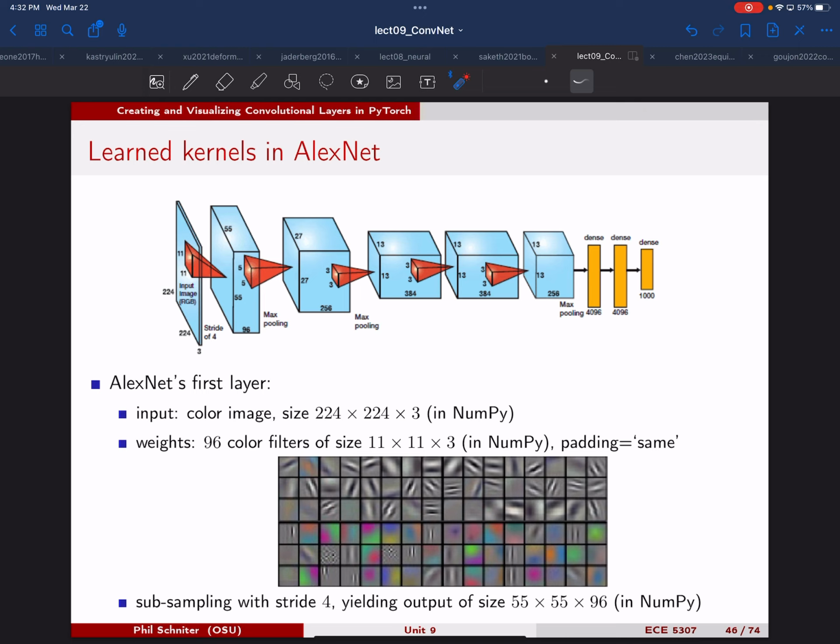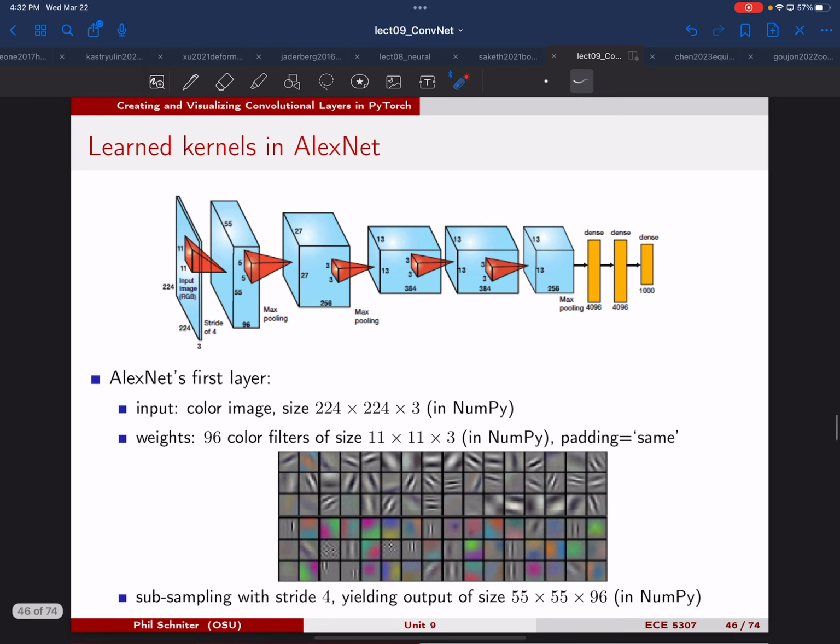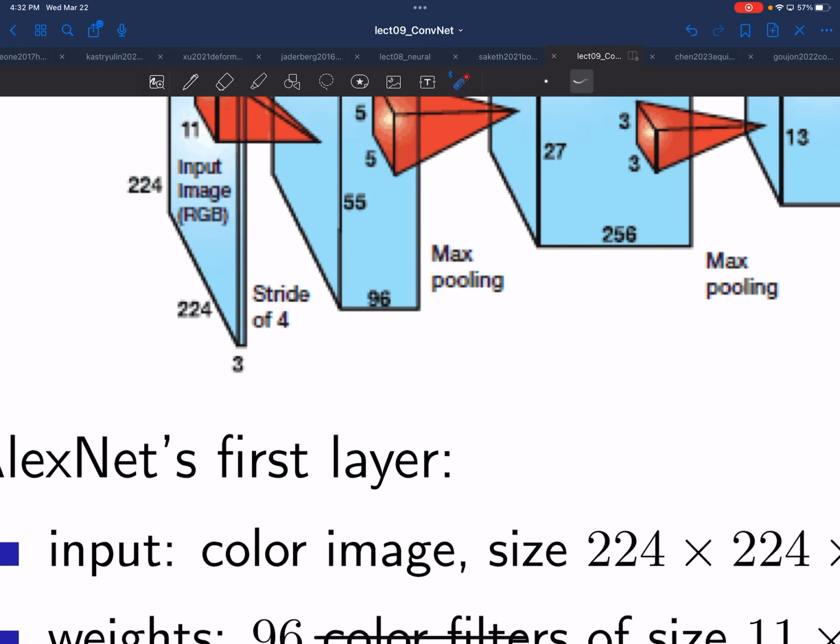So, I said that I would show you what was actually learned for these 11 by 11 kernels in AlexNet in the first layer. And this is what they are. So notice that if we think about the kernels as grayscale, there would be 3 times 96 of them.